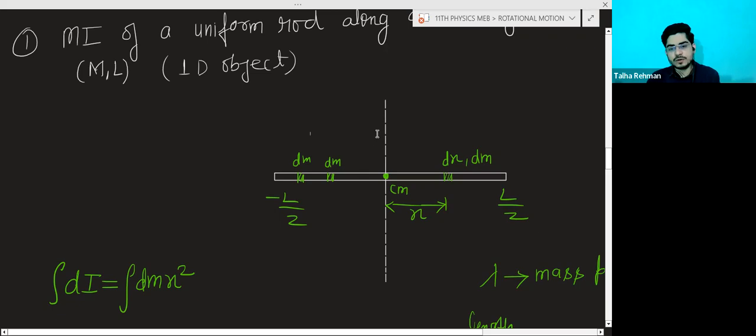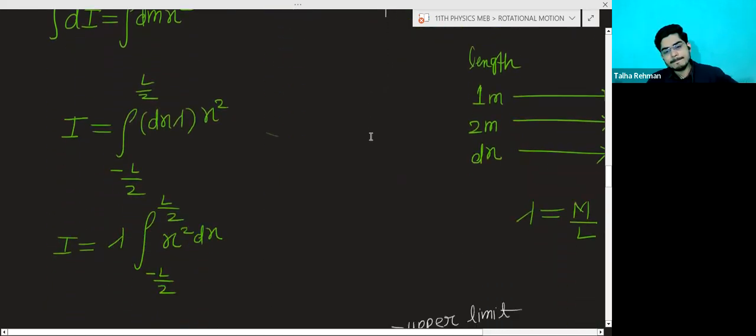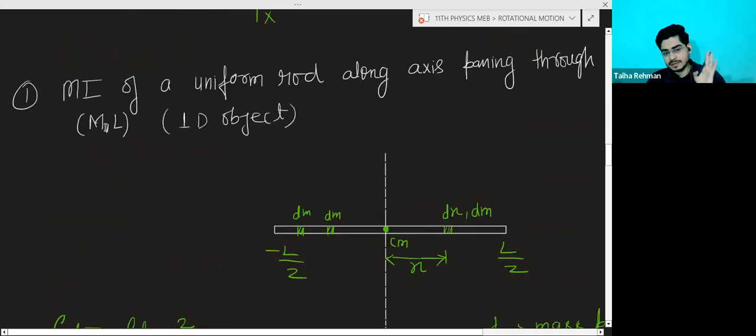So the moment of inertia of the rod about an axis passing through the center of mass is ml square by 12, where m is the mass of the rod and L is the length of the rod.